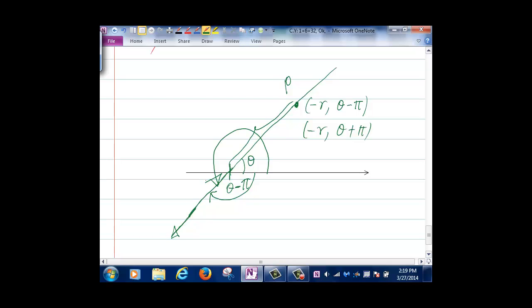Am I making sense? Then I can make the first coordinate negative r. So not only do I have infinitely many theta values for the same point, I also have two different possible values of r for the same point. Any questions, anybody?